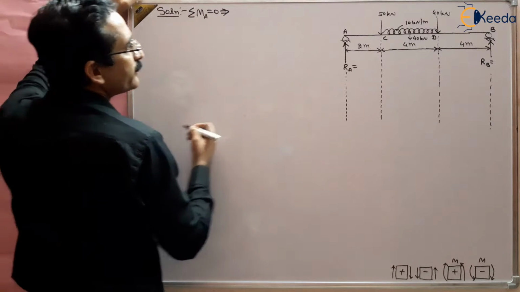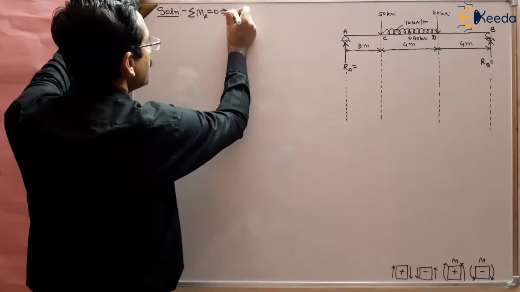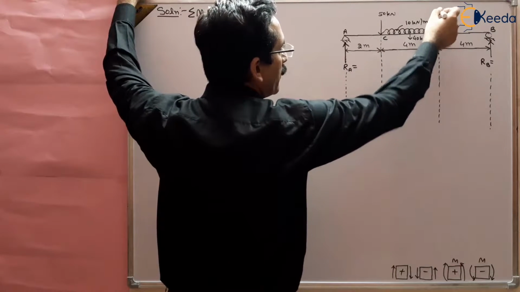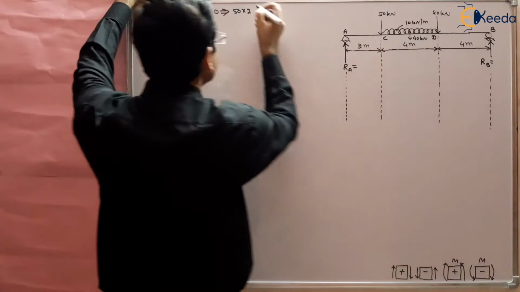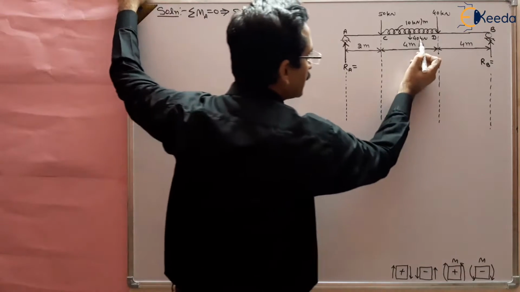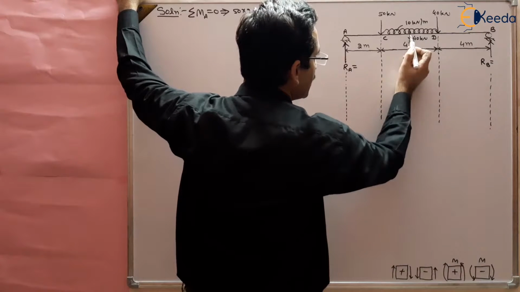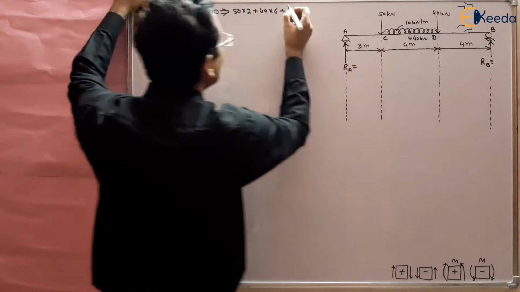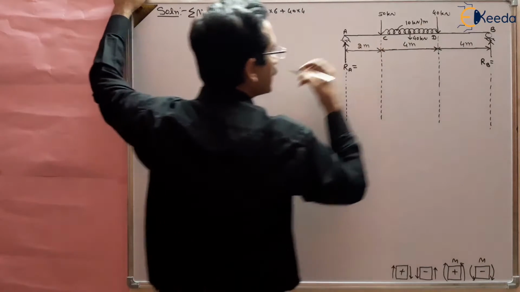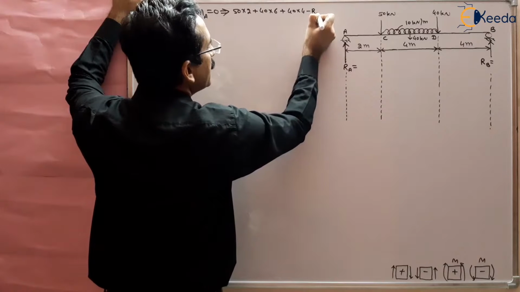So this will give, 50 multiplied by 2, let us take positive, plus 40 multiplied by 6, plus this 40, which is the concentrated load of UDL, 40 multiplied by 2 plus 2, because it is the center of C and D, so 4, so 40 multiplied by 4, and then RB, which is minus, RB multiplied by total distance, it is 10, minus RB multiplied by 10.